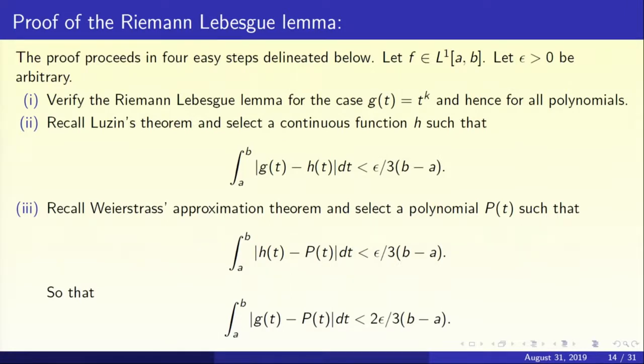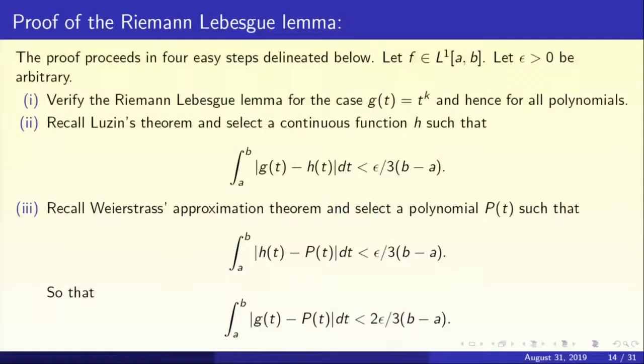Now let us recall the Weierstrass approximation theorem. The Weierstrass approximation theorem says that every continuous function can be approximated by a polynomial p(t). So pick up a polynomial p(t) such that integral a to b of mod h(t) minus p(t) dt is less than epsilon by 3 times b minus a. Add these two. What do we get?